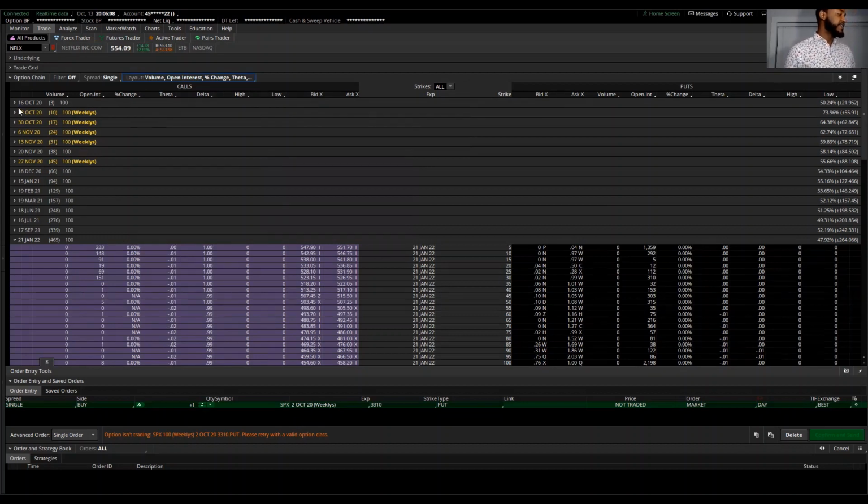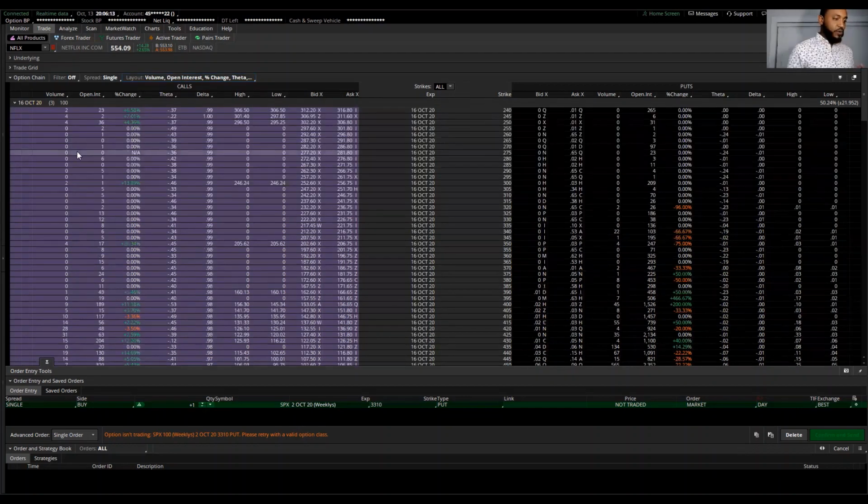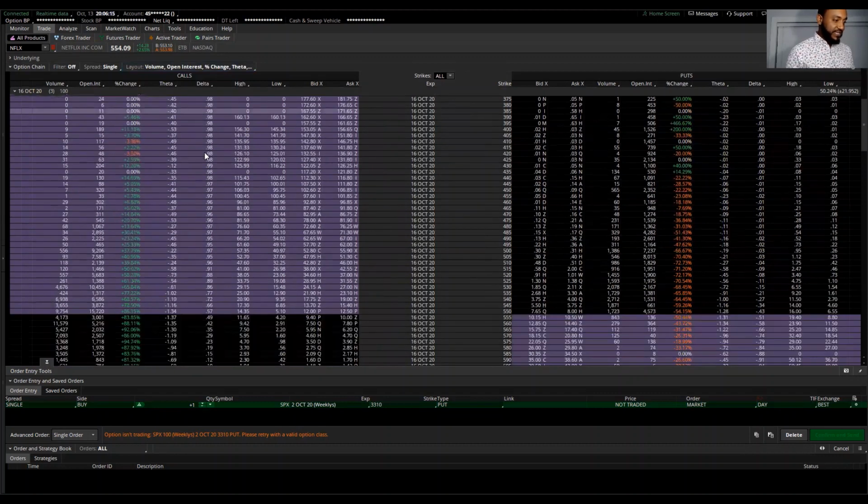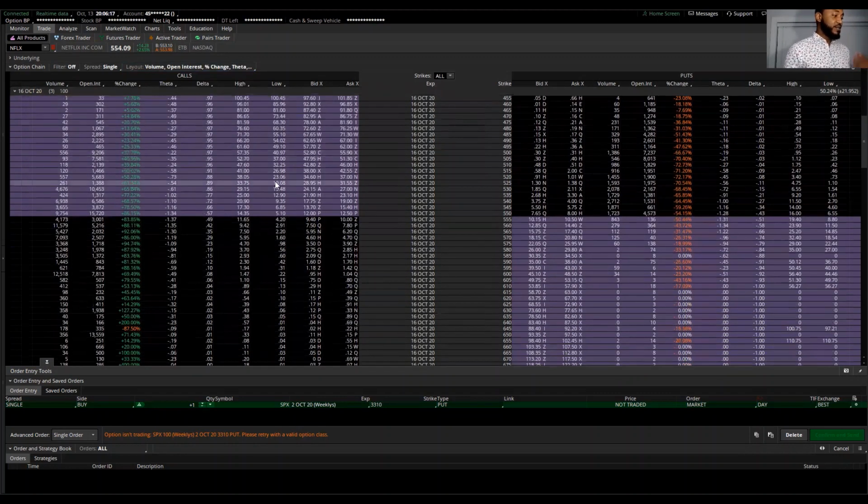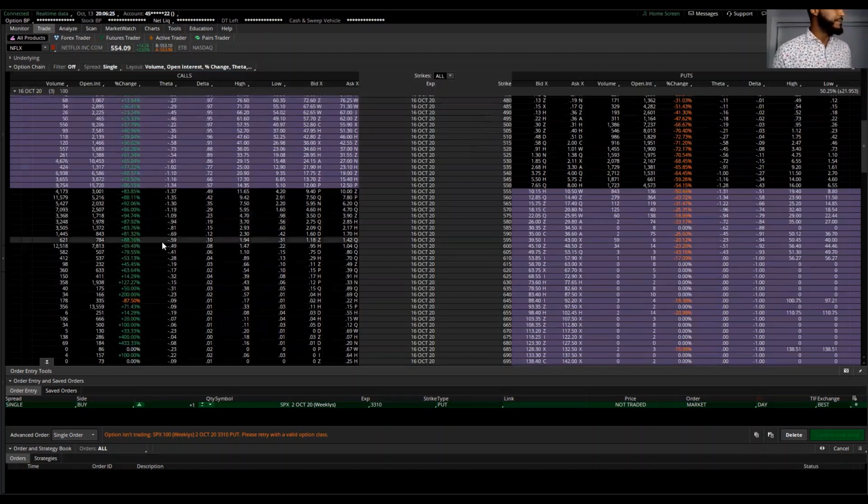All right, so let's go into the options chain, because once again, the real key here is being able to determine what a healthy contract is and how to find those as quickly as possible. The reason I start with the volume and open interest is because, to me, those are the most important pieces of an options contract to know if it's worthwhile.